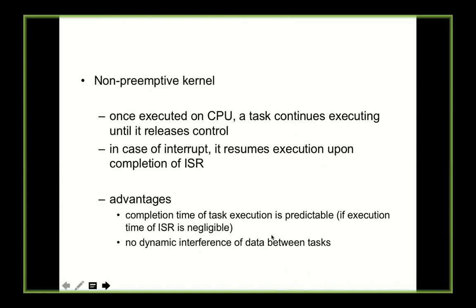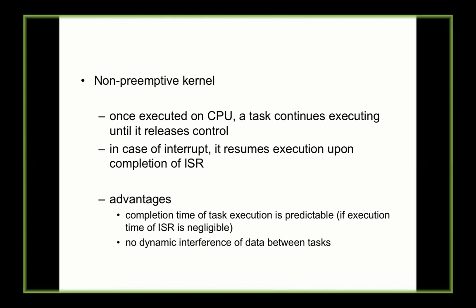The third very important point, which I haven't mentioned over here, is that there are memory constraint advantages also. In a non-preemptive kernel, all the tasks can share one single stack. So I can have merely 2 stacks to manage the entire system: one stack for interrupt handling and another stack for the task. Whichever task comes, the same stack can be reused.